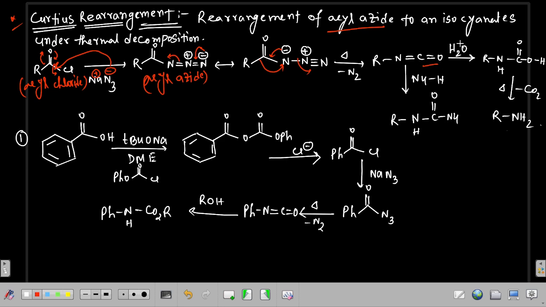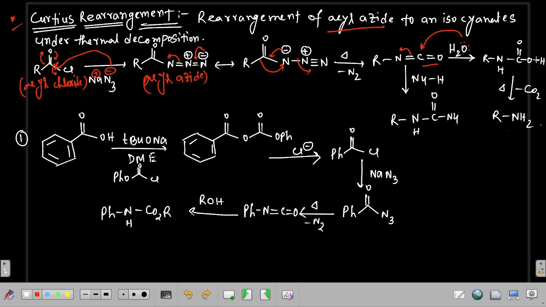And if it reacts with any H2O, like water, H2O will attack on the carbonyl carbon, and it leads to the formation of this amide, like carbamic acid. This is a carbamic acid.